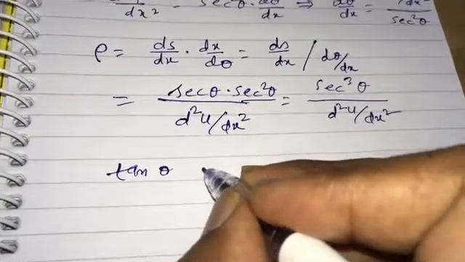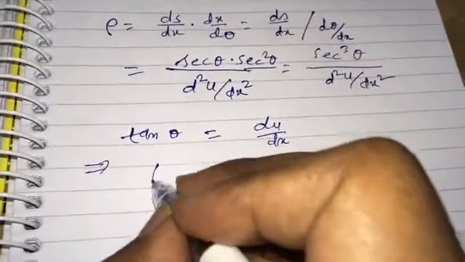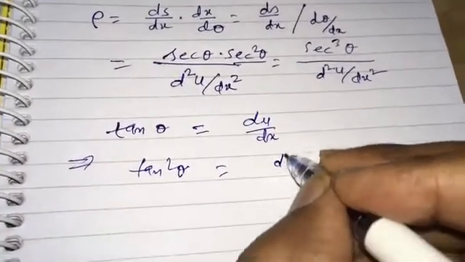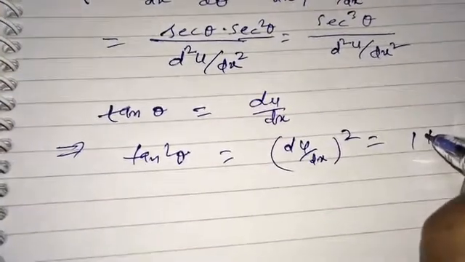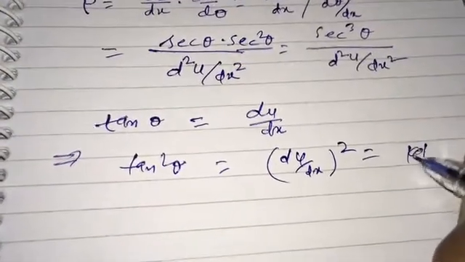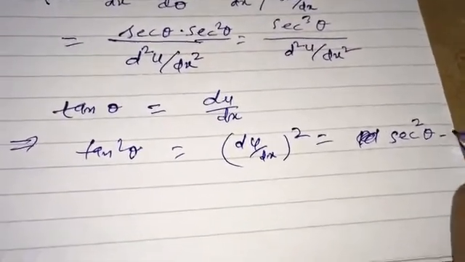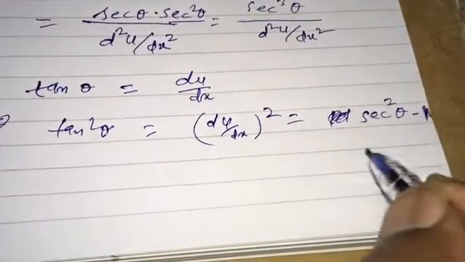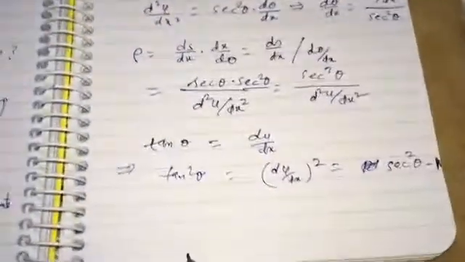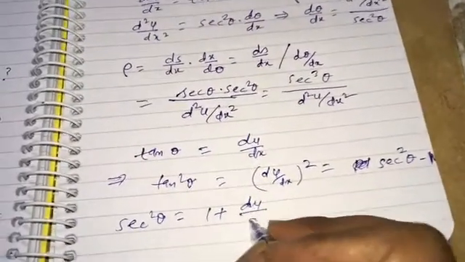So tan theta is equal to du over dx. That really means tan square theta is equal to du over dx whole square, which is equal to sec square theta minus 1. Why? Because sec square theta equals 1 plus tan square theta. Or simply, we get sec square theta equal to 1 plus du over dx whole square.